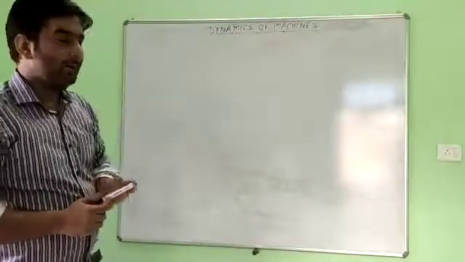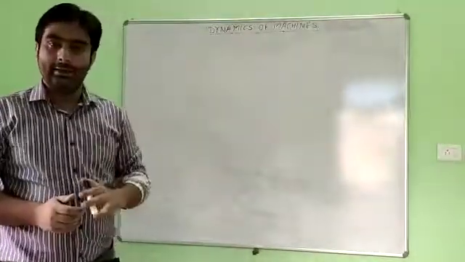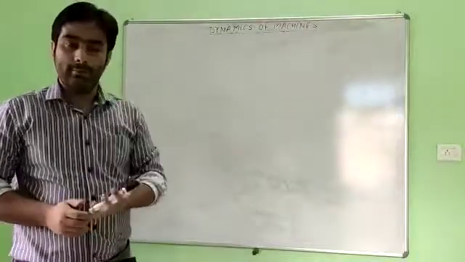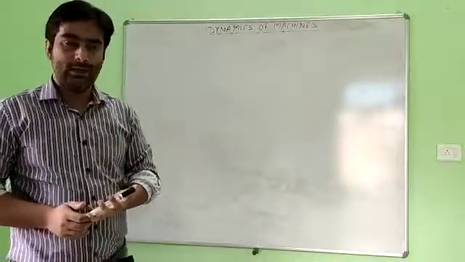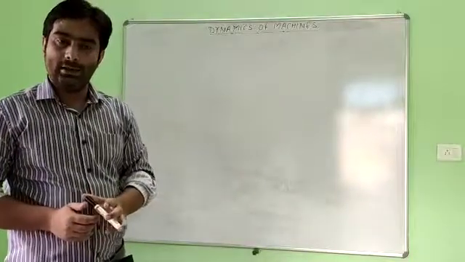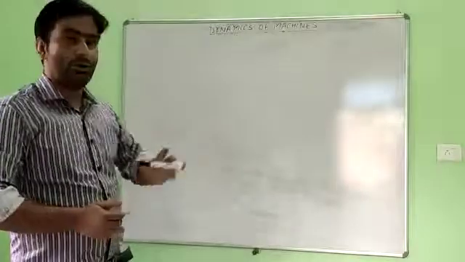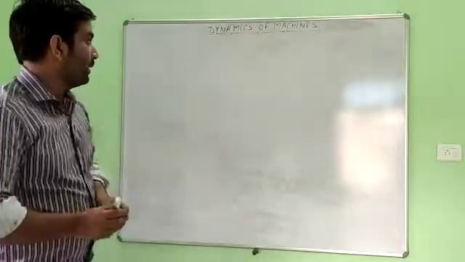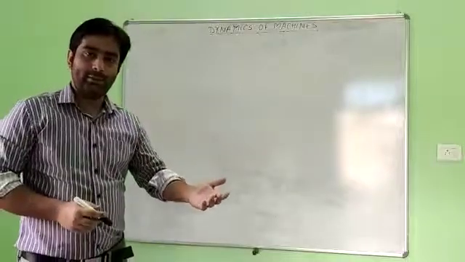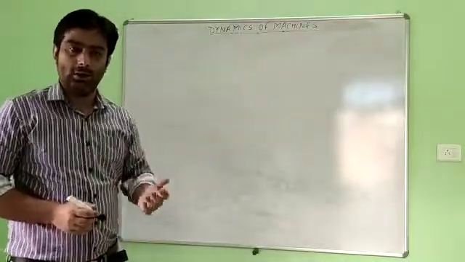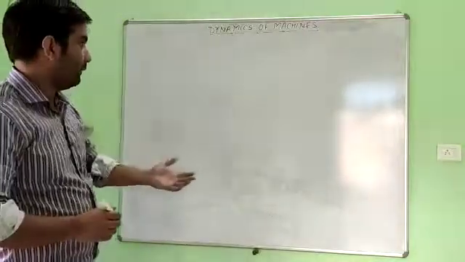Now we have another method in which we don't need to draw the free body diagram of a mechanism. We can analyze the whole mechanism as one single unit and solve the problem of static equilibrium, that is, calculate the amount of external torque or external force.